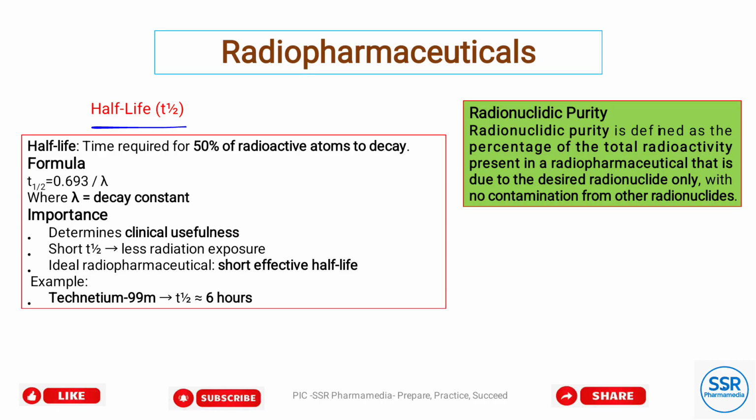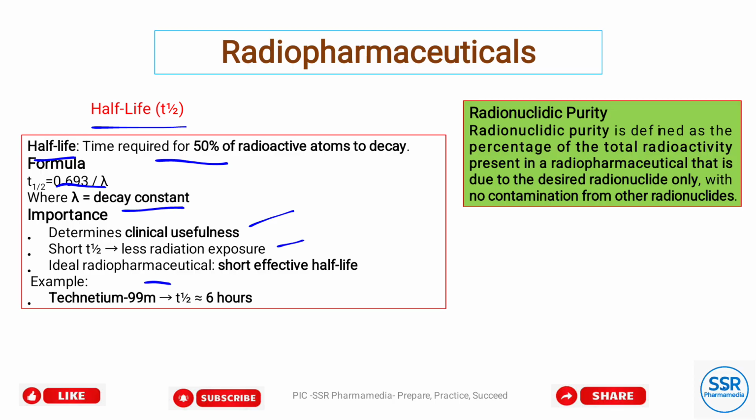So next is the half-life of a radioactive substance. Half-life means the time required for 50% of radioactive atoms to decay. The formula is T half equals 0.693 divided by lambda, where lambda is the decay constant. The importance is to determine clinical usefulness, and a short T half leads to less radiation exposure.